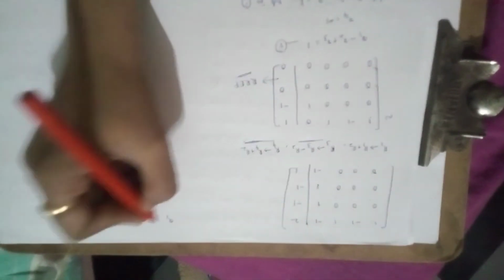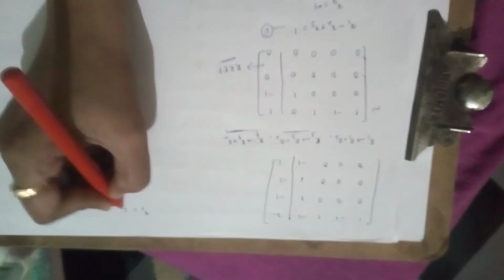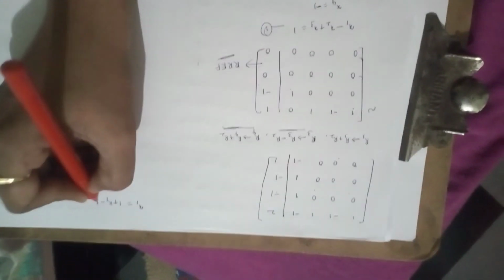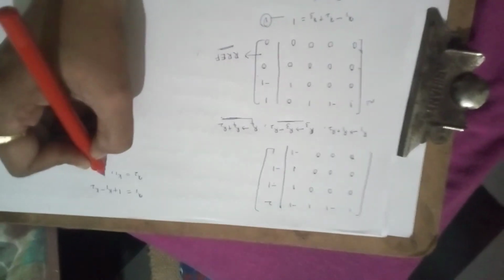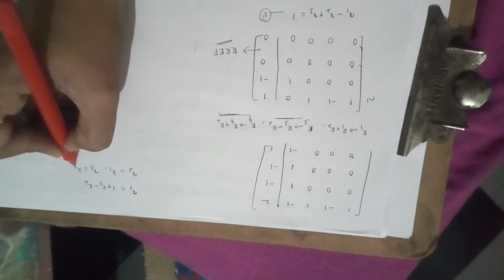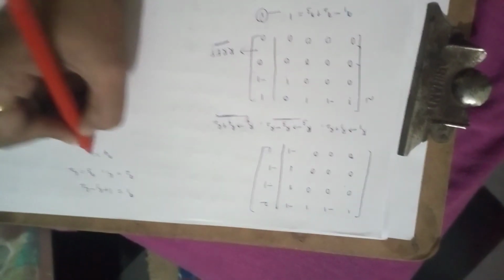So here we have x1 is equal to 1 plus k1 minus k2, and next x2 is equal to k1, and x3 is equal to k2, and x4 is equal to minus 1.